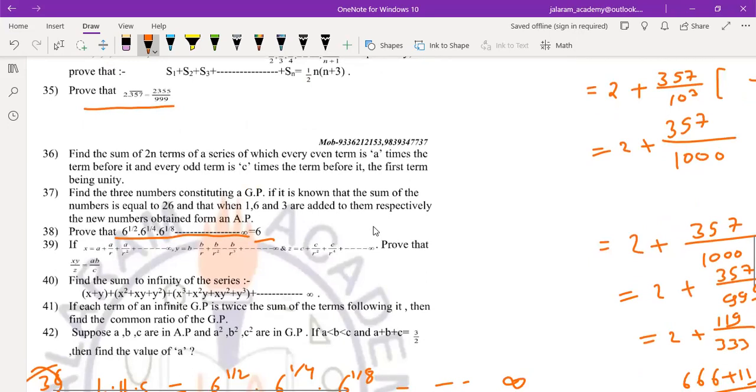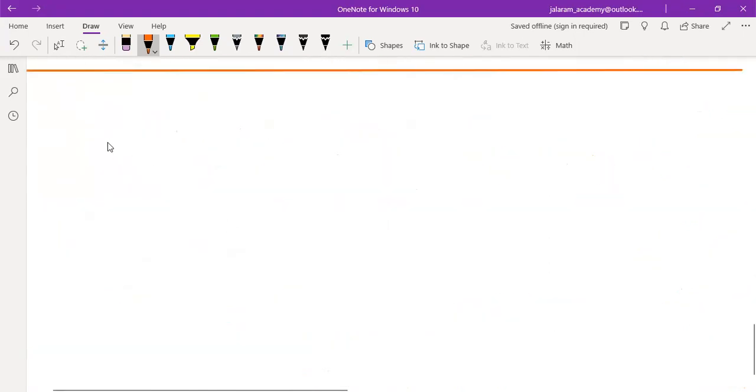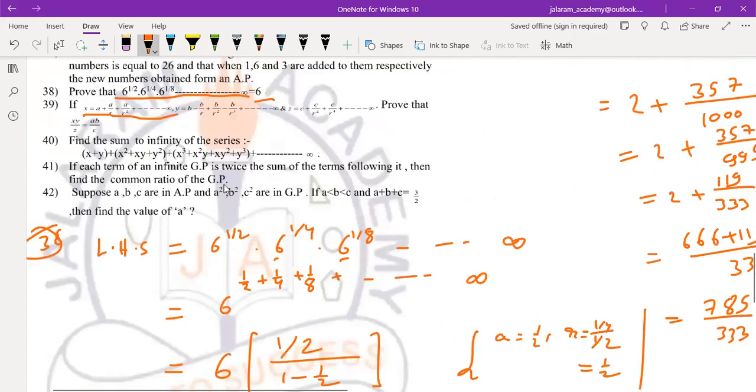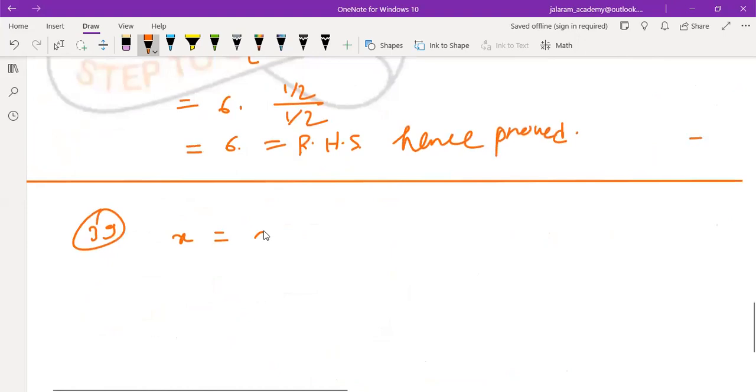Again, the next question is 39th. If x equals a plus a by r plus a by r square and so on up to infinity.